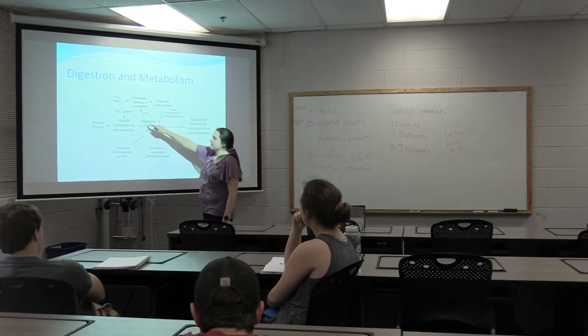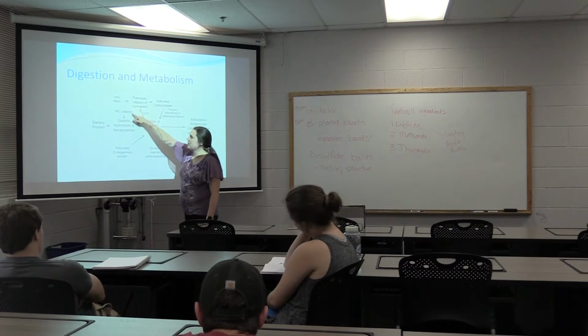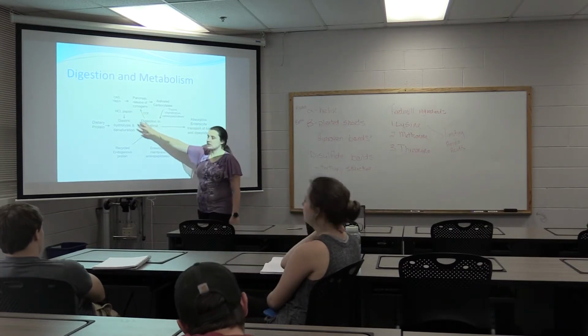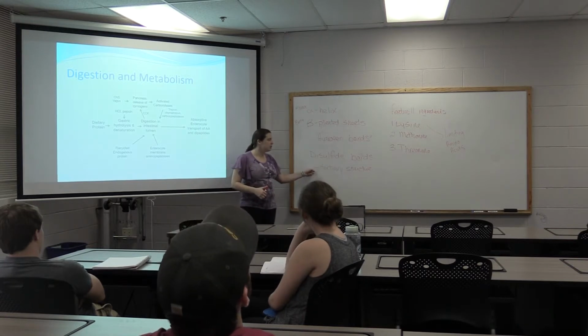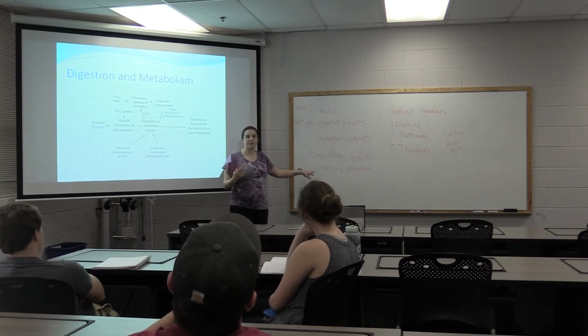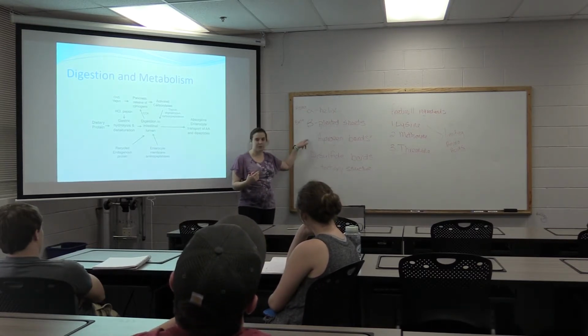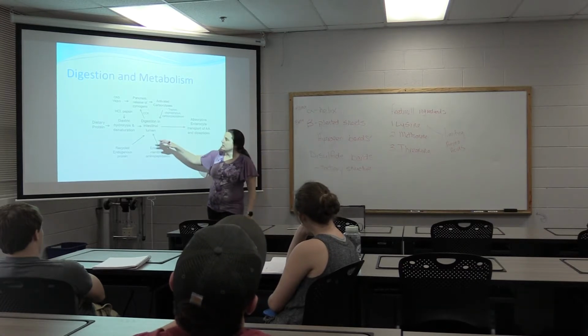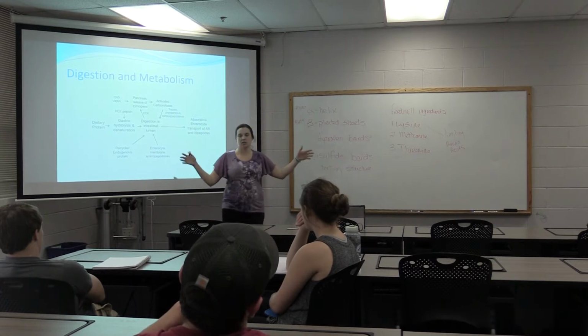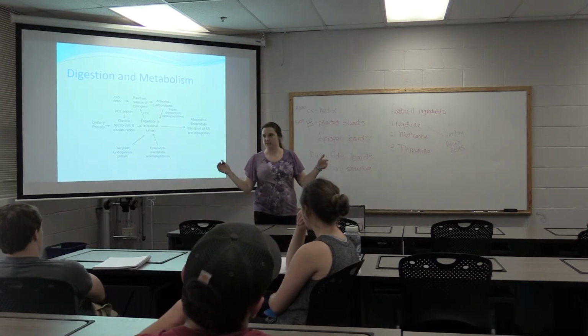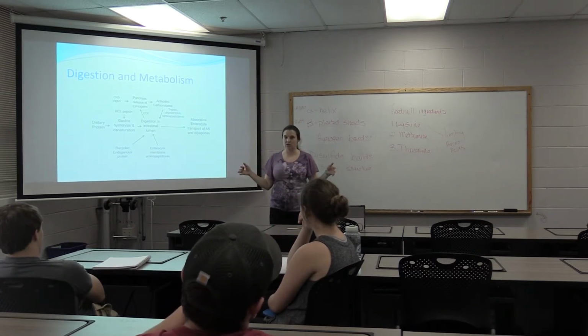This is where we have the hydrochloric acid and the pepsin. It starts breaking down those tertiary structures, quaternary structures, and the hydrogen bonds. So the combination of these two things gives us long chain peptides, about 20 amino acids long.